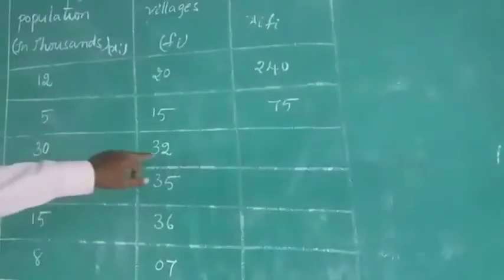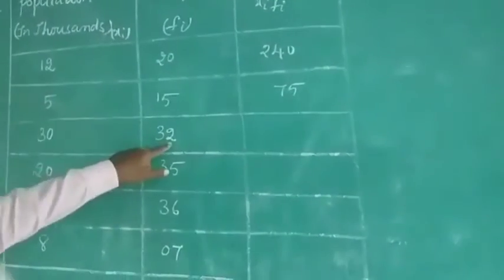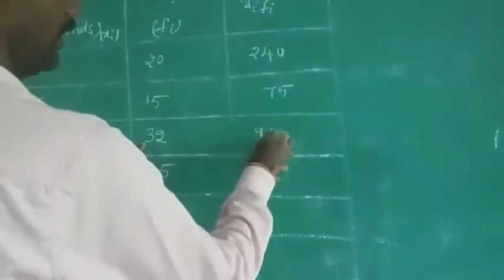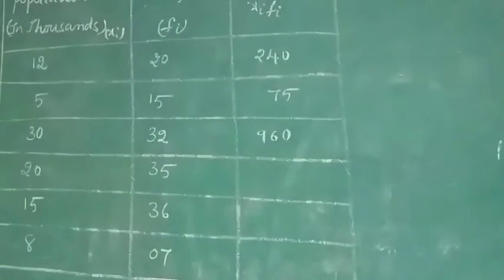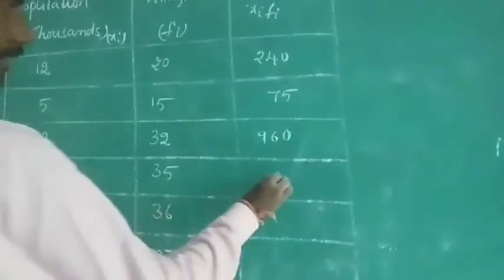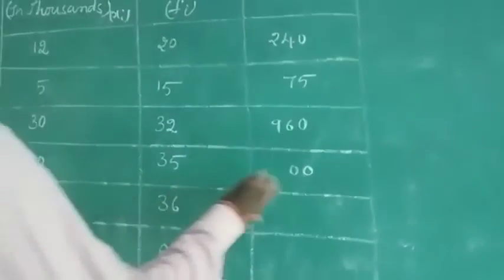Next 30 into 32. So here 3 2s are 6, 3 3s are 9, here 0. That multiplication you need to concentrate on. 2 5s are 10, 1 carry. 2 3s are 6, 7.